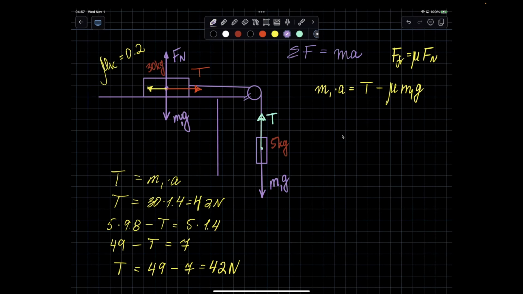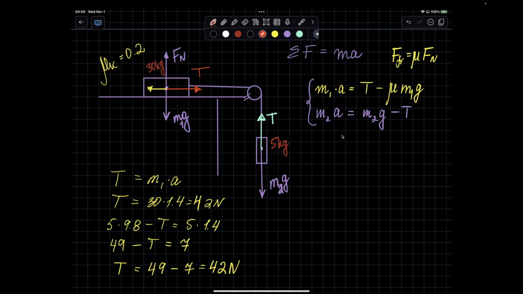And then the hanging object is mass 2 times acceleration. Actually, which one was 2? Which one was 1? Let's say this is 1 now, and this is 2. Equals m2g minus tension.